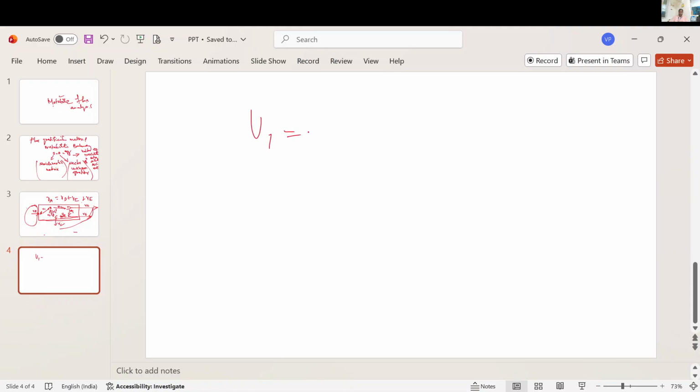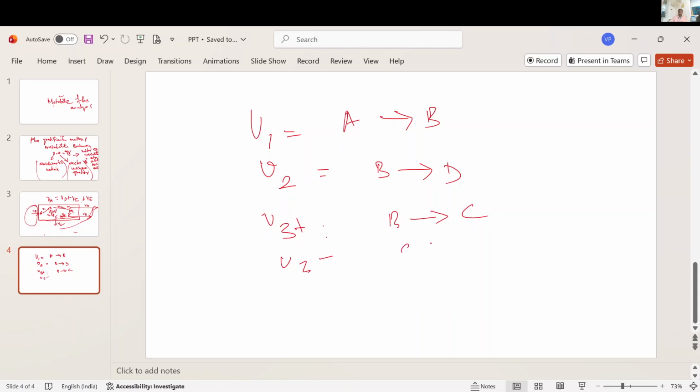V1 is equal to A gives B, then V2 is equal to B gives D, V3 plus is B gives C, then V3 minus is C gives B, then V4 is E gives C and V5 is equal to D to E. These are all the reactions which are going to be taking place in the system.